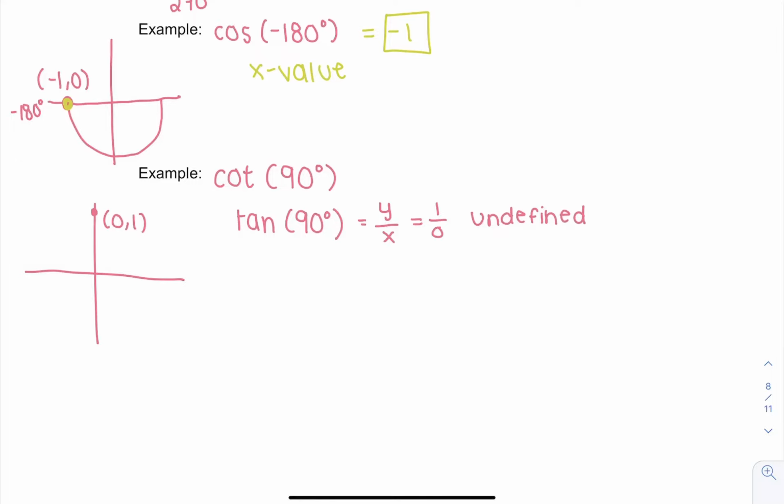But remember, we didn't ask for tangent, we asked for cotangent. So we can flip this. We take 1 over 0, and we flip it to get cotangent, we get 0 over 1, which is 0. So cotangent of 90 is 0.